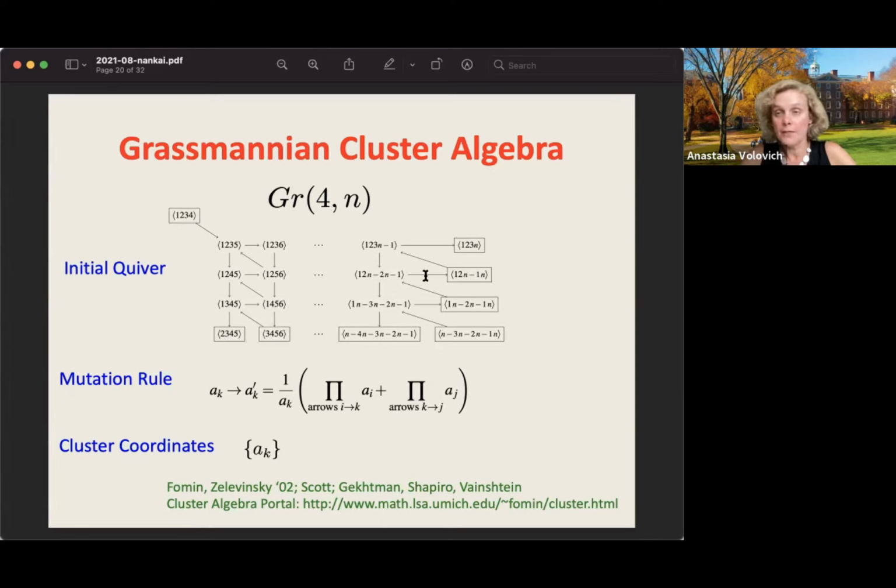The way the arrows are drawn defines it for you. Depending on how you fix a node, and depending on the orientation of the arrows, some in or some out, from some coordinates a_k you define a mutation rule on those coordinates by this formula. You do that for each coordinate, and this produces the cluster coordinates. So you have a quiver, you have a mutation rule, and there are rules for how to produce those.